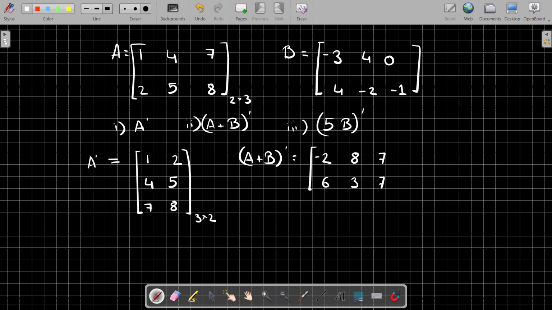Now we need to take the transpose of this matrix. This will be equal to -2, 6, 8, 3, 7, 7.